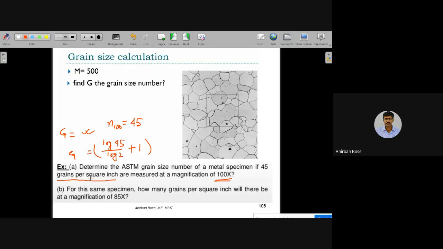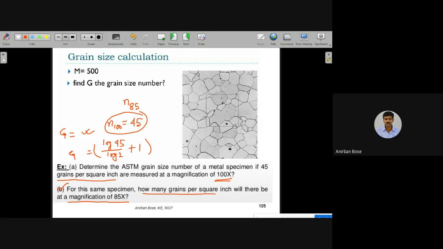Now look at the second part: for the same specimen, how many grains per square inch will there be at the magnification of 85x? The magnification has been changed to 85x, and at that magnification the question is how many grains will be there. Now you know the ASTM grain size number, so you know N100, and you have to find N85.